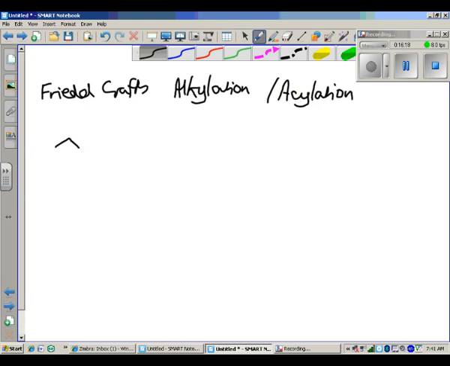Let's say we wanted to add something like 1-chloropropane onto a benzene ring. The only way we can do that is if we have the catalyst there as well. So we have our catalyst just as we had it for the bromination or halogenation reaction, and exactly the same thing happens here.